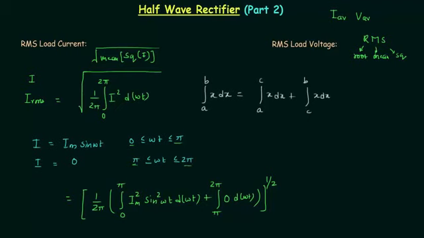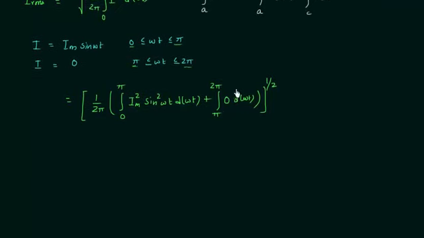In the next step, we will perform the integration. Integration of 0 is equal to 0, so this term will give us 0, and we are left with 1 by 2 pi integration 0 to pi Im square. Im square is constant, so I will take Im square outside, and we are left with sine square omega t d omega t, all to the power 1 by 2.